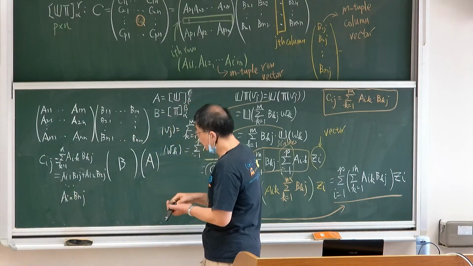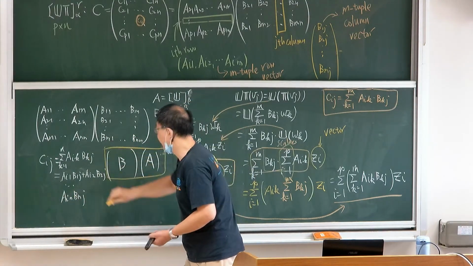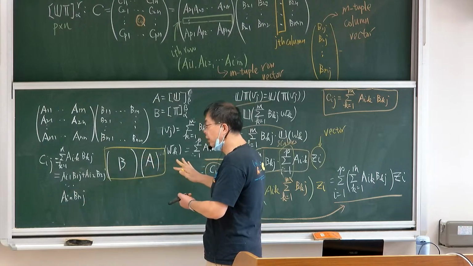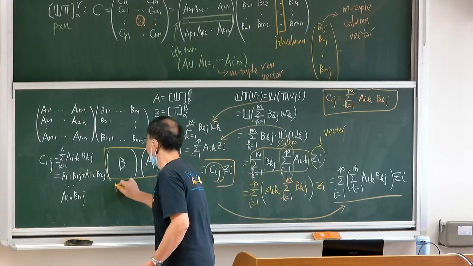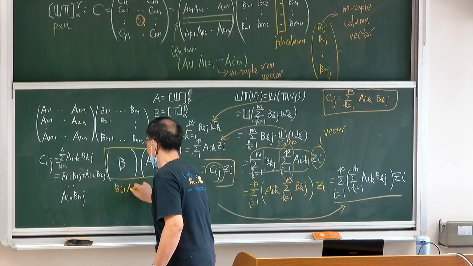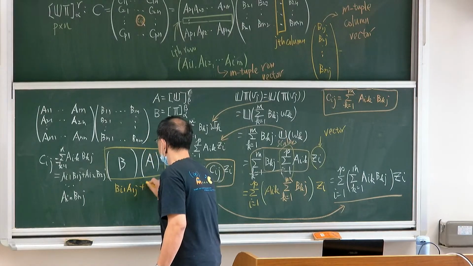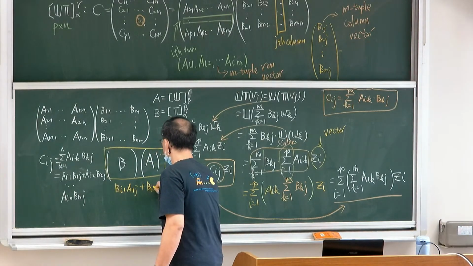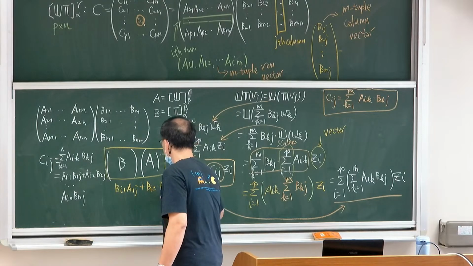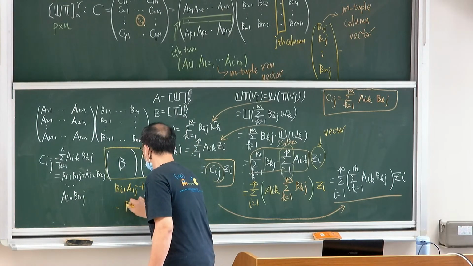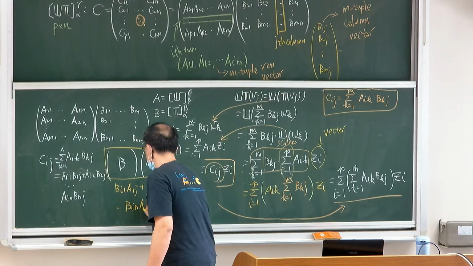But if we multiply it with B times A, then I will have bi1 times a1j plus bi2 times a2j, plus etc., bin times anj.